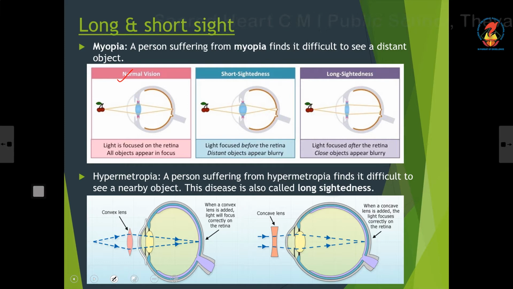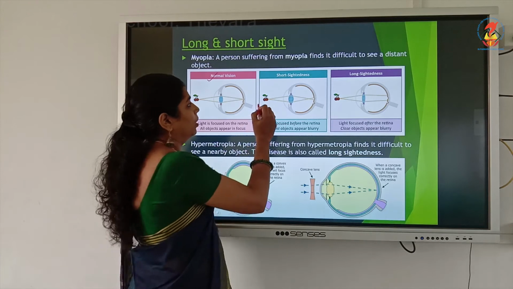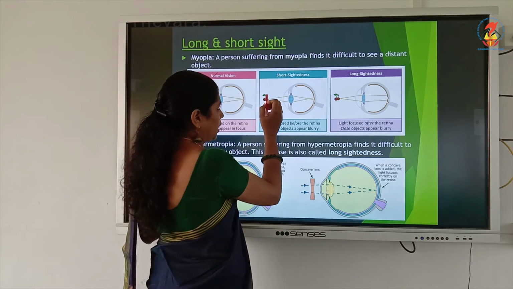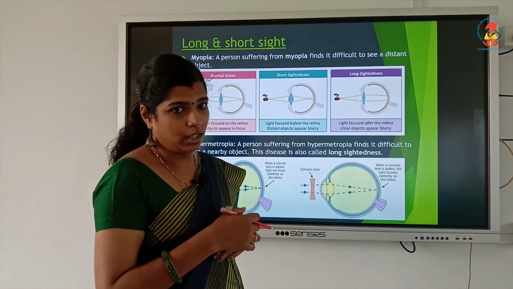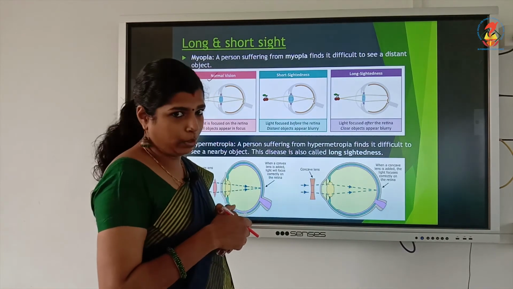The reason is that the light is focused before the retina and the distant object appears blurred. So, light from a distant object will be formed in front of the retina. That is known as myopia.